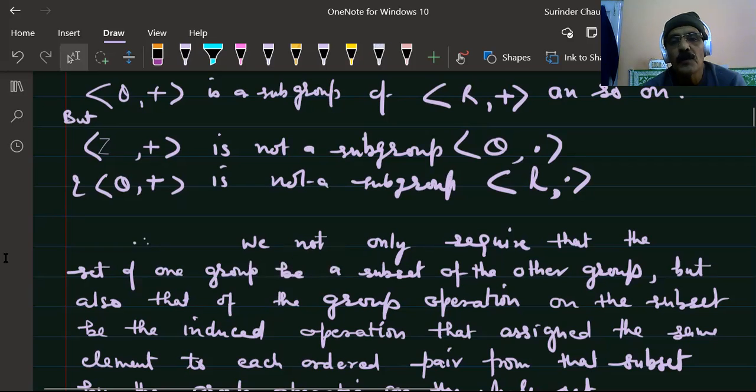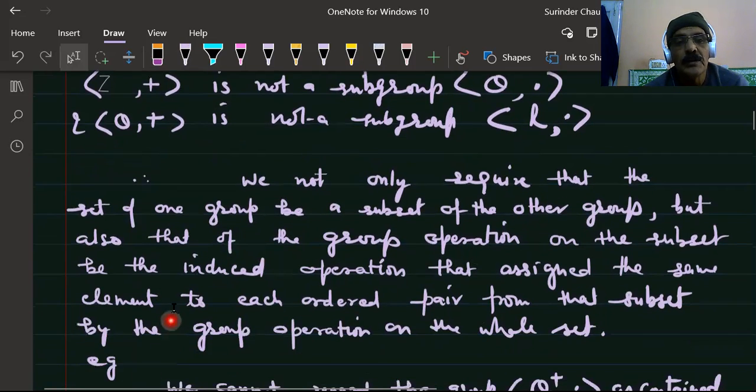We require not only that the set of one group be a subset of the other group, but also that the group operation on the subset be the induced operation, that assigns the same element to each ordered pair from that subset as the group operation on the whole set.